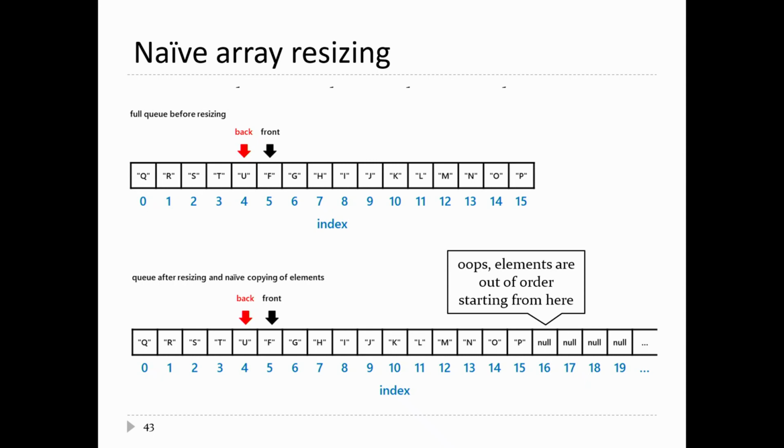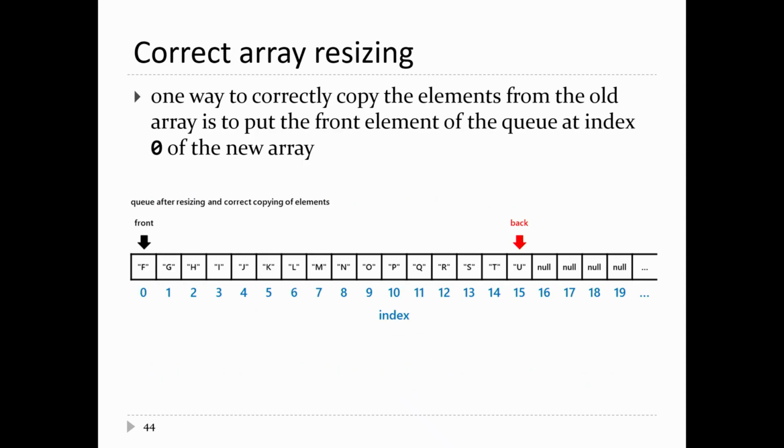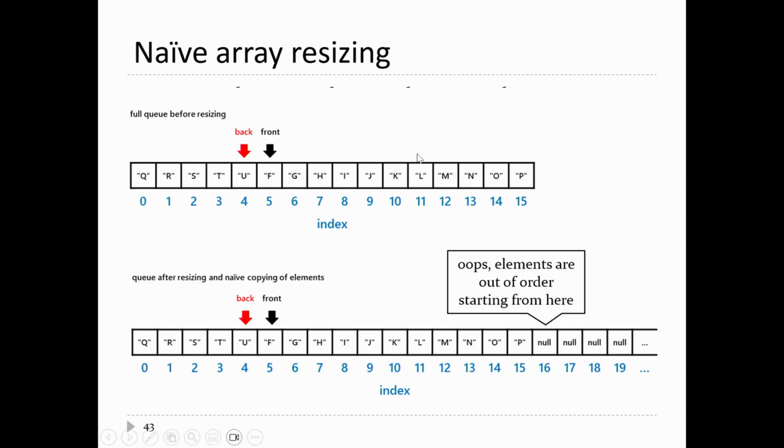Or alternatively, when you copy the elements into the new array, do it in a more intelligent way. One way to do this is to start at the front element of the old array and copy that element into index 0 of the new array. Then take the second element of the queue and copy that into the second element of the array.